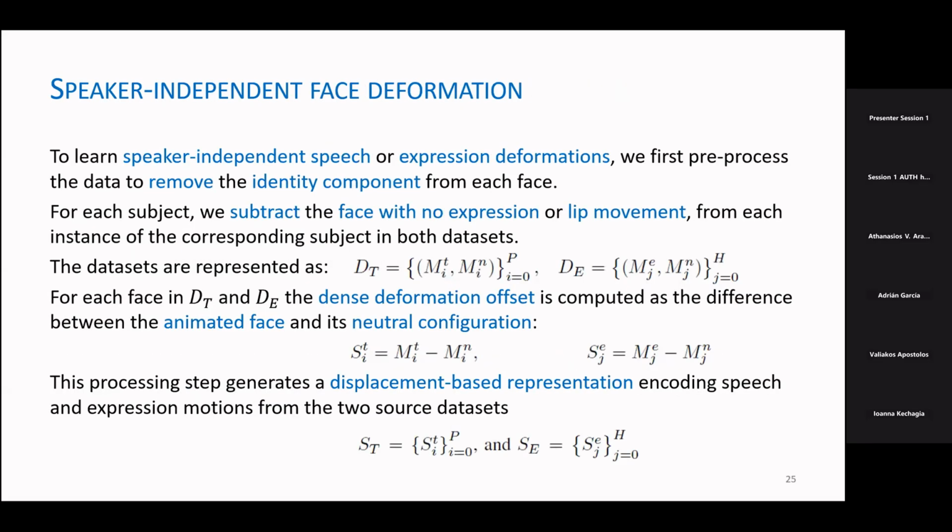So here we have basically these two datasets, the DT, which is the dataset for the talking heads, and the DE, which is the dataset for the emotional part. And also in this case, we use the same ideas of the previous work, so we worked with the landmarks and with the displacement with respect to the landmarks.